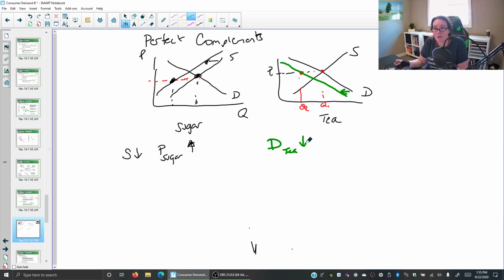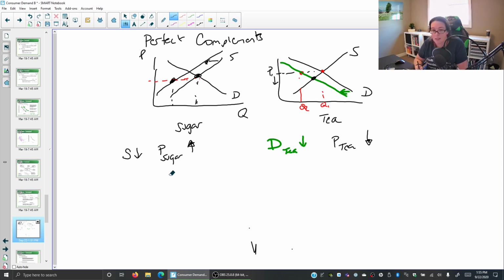What that's going to do in the tea market is, well, how do businesses get rid of it when they have too much? They get rid of it by putting it on sale. So what actually happens is when the price of sugar goes up, its complement, tea, the price of it, will go down. So notice how they're actually moving in opposite directions because we like them together.